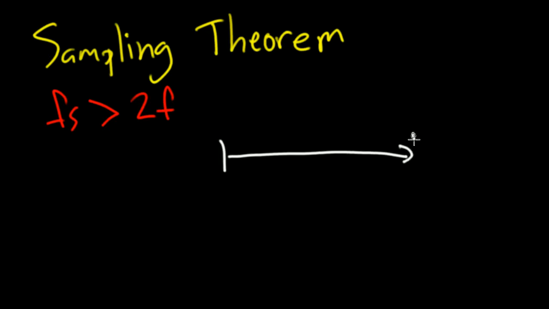Real valued signals only have half of this bandwidth. They go from 0 Hertz to f of s over 2. You don't see the negative side because the negative side is simply a mirror image of the positive side. And that's always the case with real valued signals. The negative frequencies are always a mirror image of the positive frequencies, so they're typically ignored. They're there, arguably, but they're redundant information.